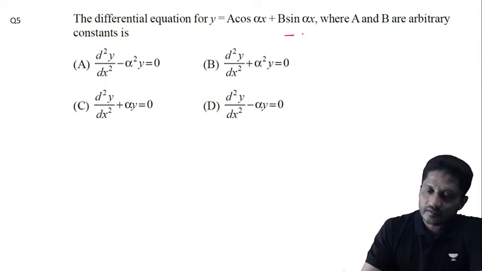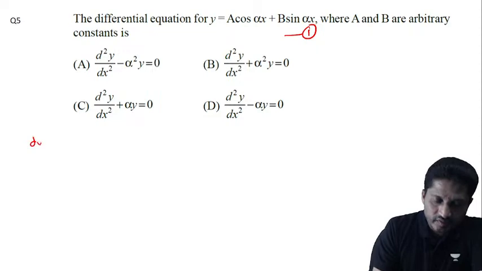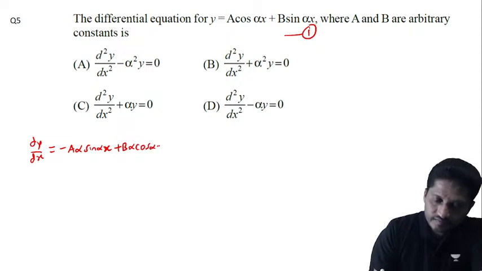You call this equation 1. If I differentiate, dy by dx is equal to differentiation of cos alpha x, which is minus a alpha sin alpha x, and differentiation of sin alpha x is alpha cos alpha x. If I differentiate once again, d square y by dx square is equal to minus a alpha square cos alpha x minus b alpha square sin alpha x.